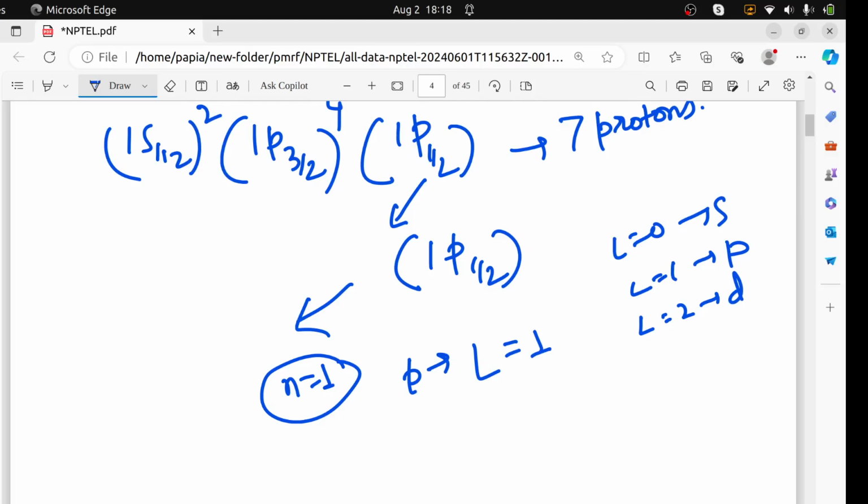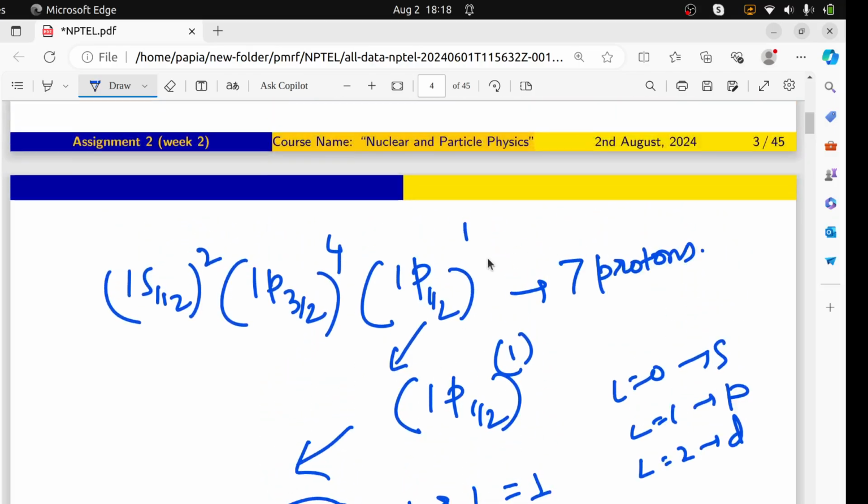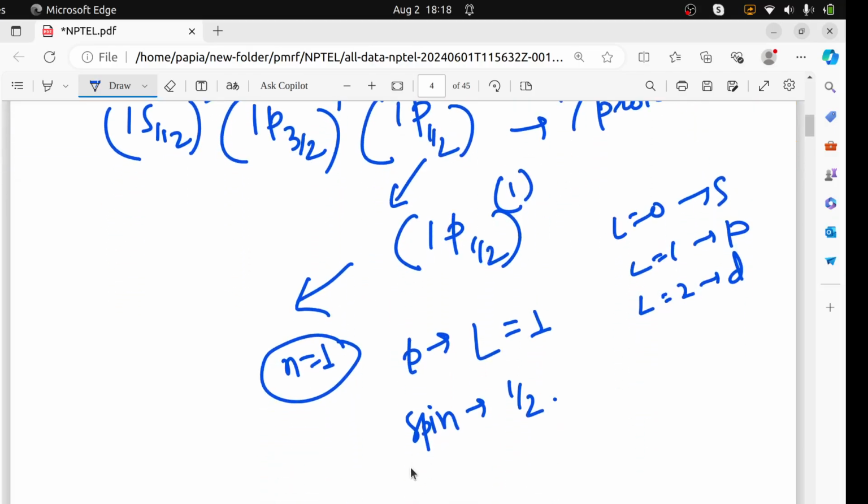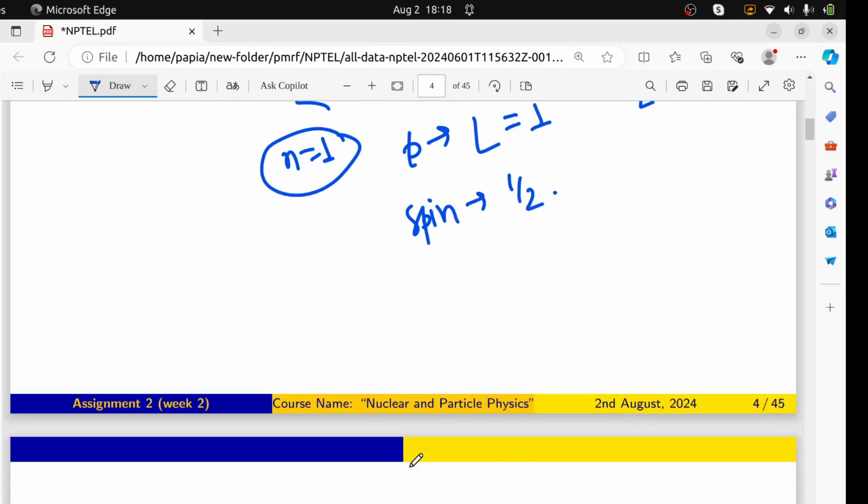Now coming to half, half is nothing but the spin value. Spin value will be half. Here it was 1 because only 1 proton was there, right? So our spin for N715 will be half.